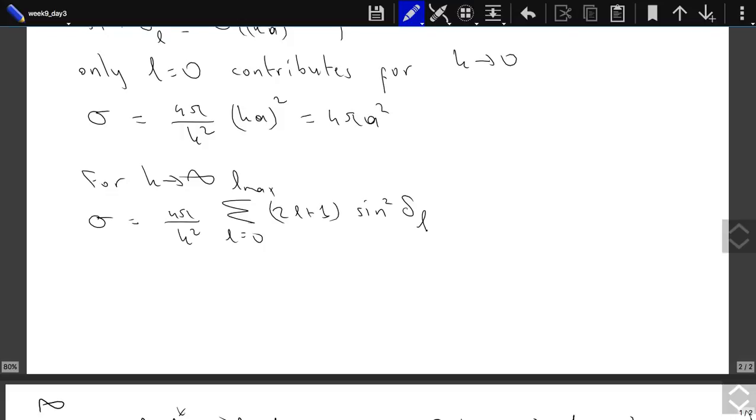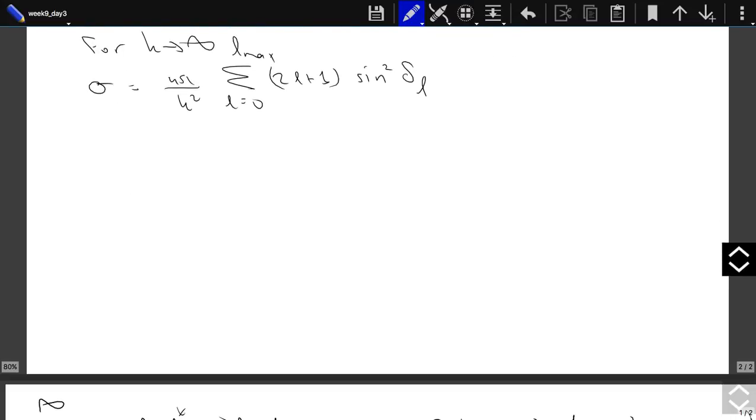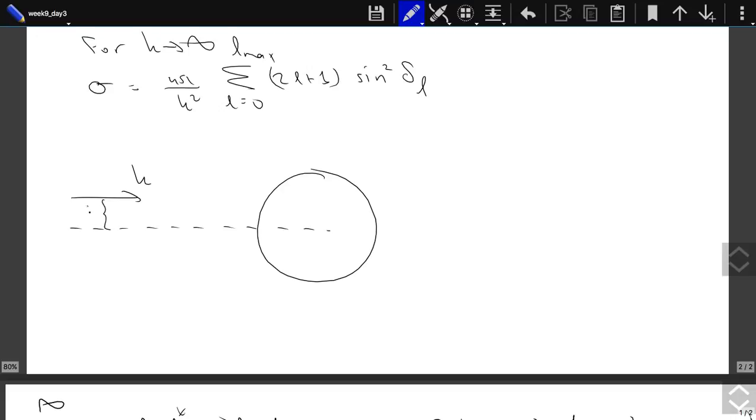Well, if you consider the scattering from the classical perspective, we have in the classical picture this is our target. We are sending particles of a given energy and a given momentum, wave vector k. And let's say this is B. What is the angular momentum of this object?